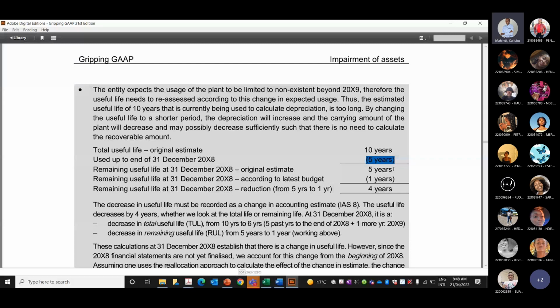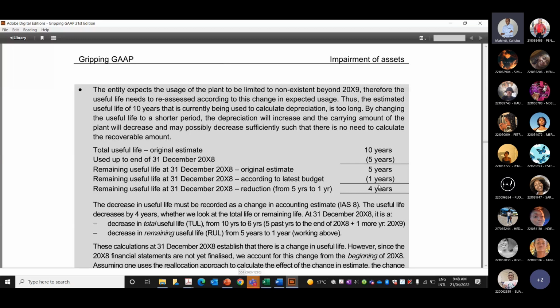So if you take the 5 years remaining useful life according to the original estimate minus 1 year, it means that our useful life has decreased by 4 years. Otherwise, you could have just said 10 years minus 6 years, then we would have arrived at the 4 year reduction in the useful life.